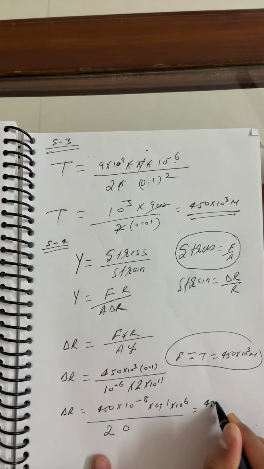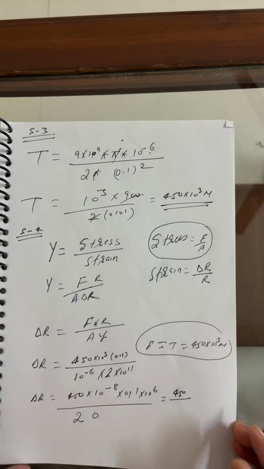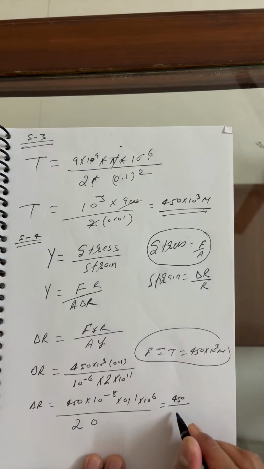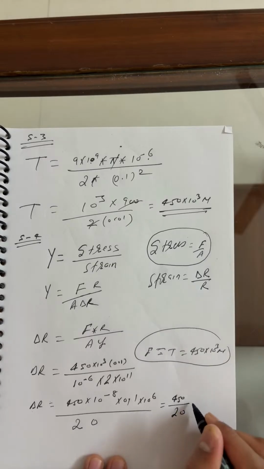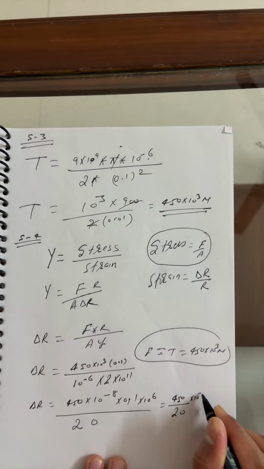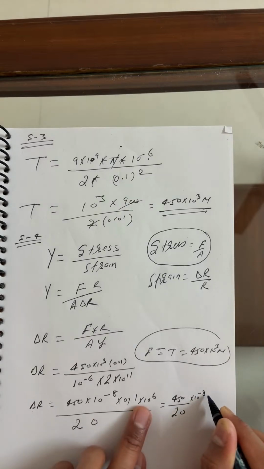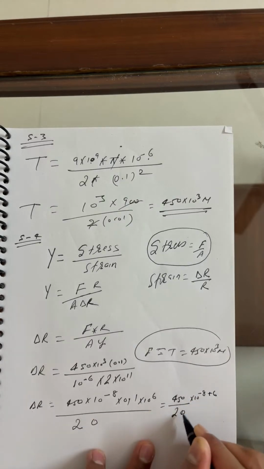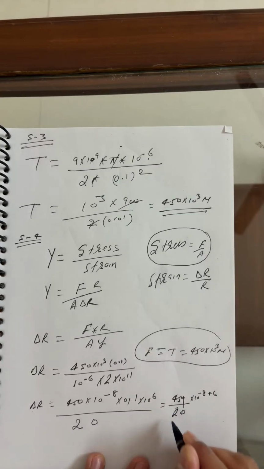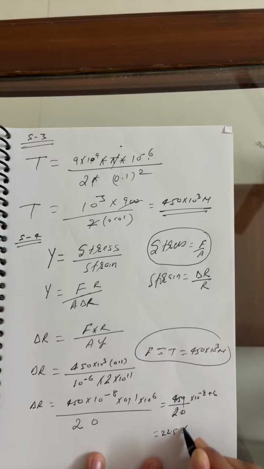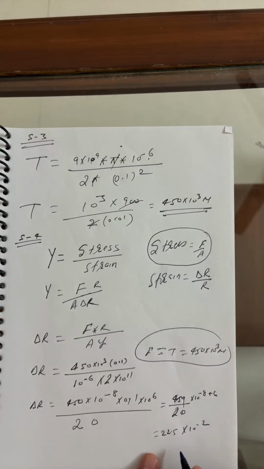So we can write 450 upon 20 into 10 to the power minus 8 plus 6. This decimal cancels, so 22.5 into 10 to the power minus 2. Just further you can solve.